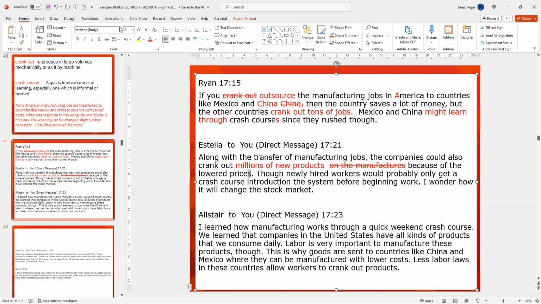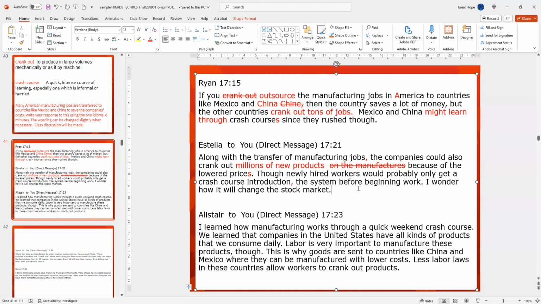Yeah, okay. So, though newly hired workers would probably only get a crash course introduction to the system before beginning work. All right, so here the language is a little kind of tricky. It's not very correct.